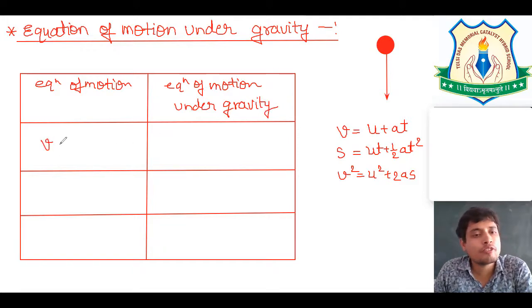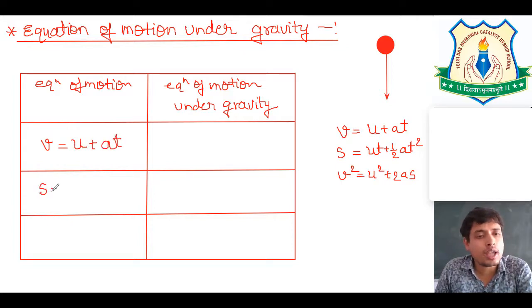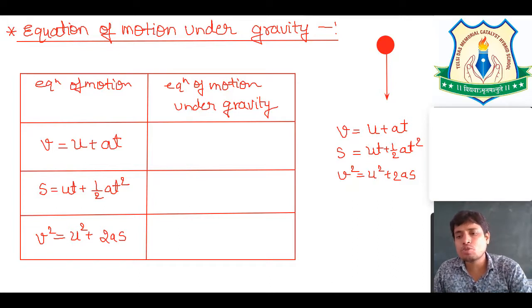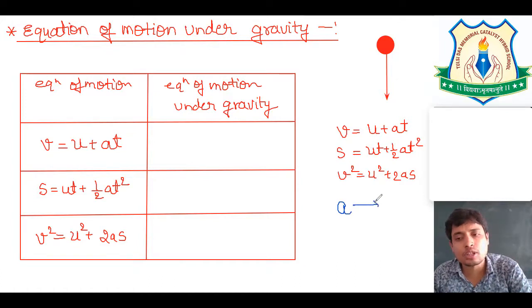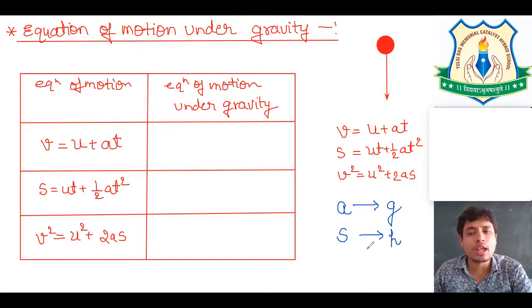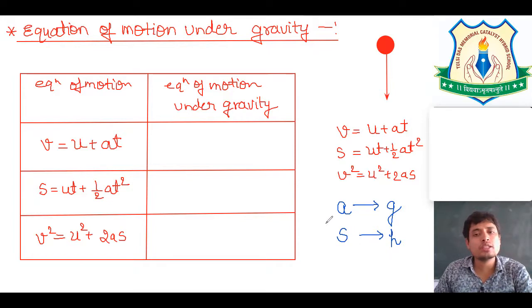Like v is equal to u plus at, s equal to ut plus half at square, and v square is equal to u square plus 2as. The simple substitution you have to do is replace a, meaning acceleration, by the acceleration due to gravity g, and the displacement by the height h. Only this you have to do.